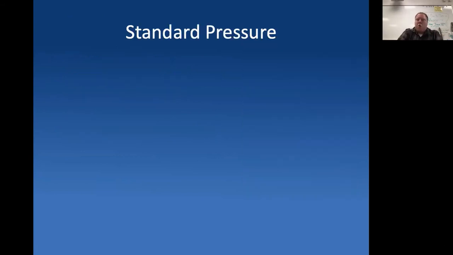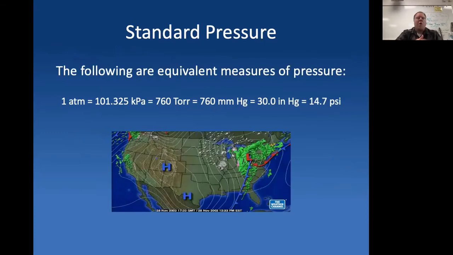So normal, standard atmospheric pressure in all of these different units is the following. Make sure you write these down. You're going to need these for the worksheet today. So 1 atmosphere of pressure, just normal, would be 101.325 kilopascals, which would be 760 millimeters of mercury or 760 torr.